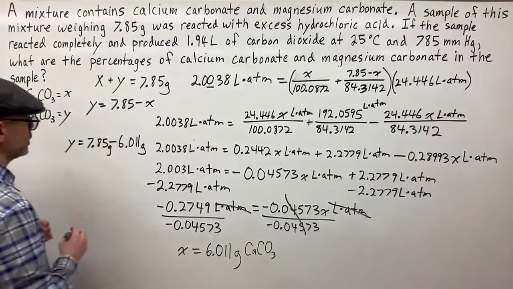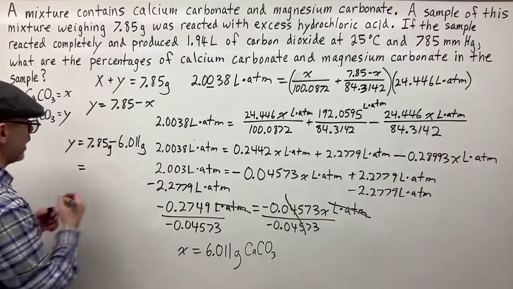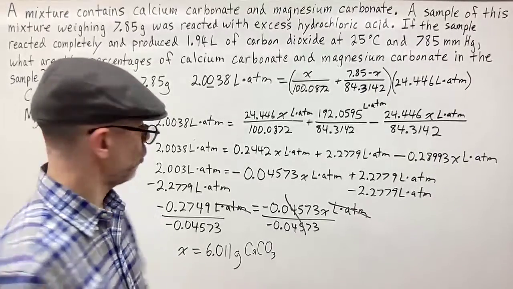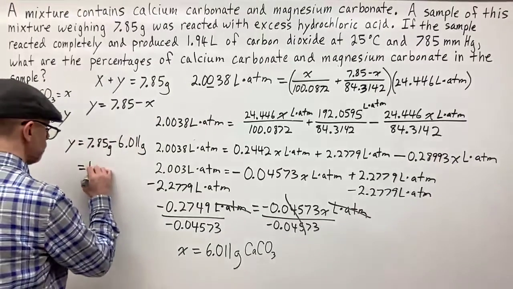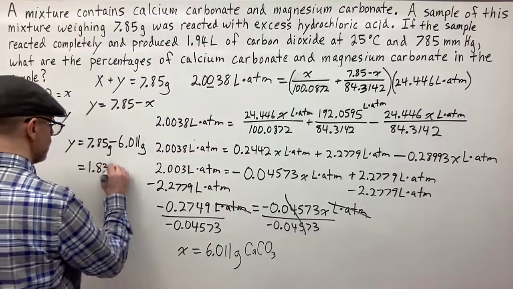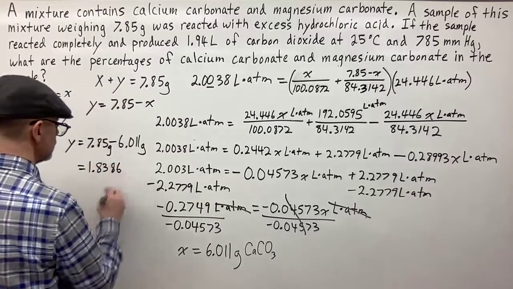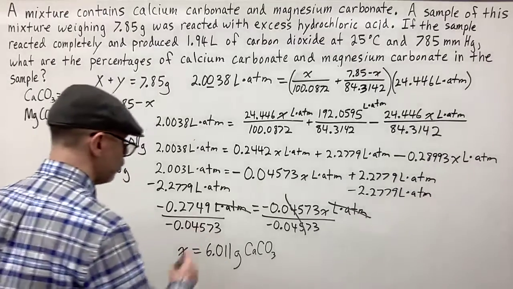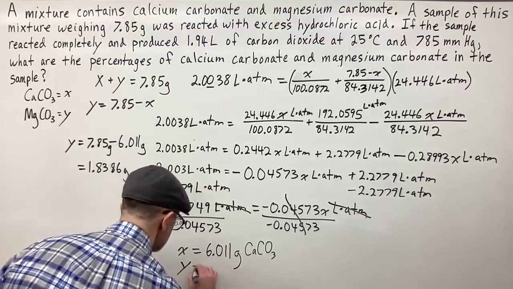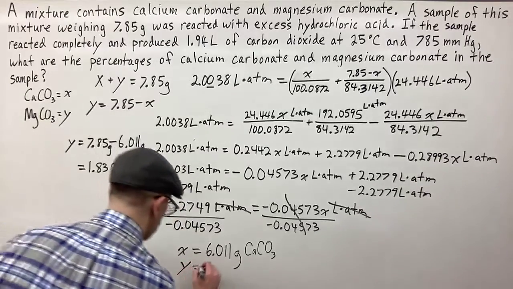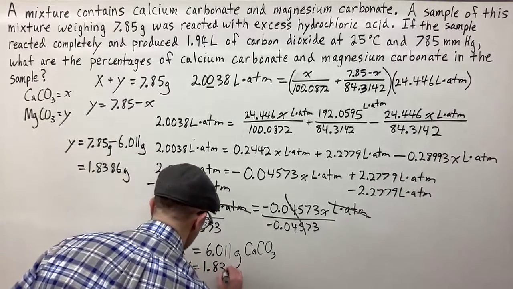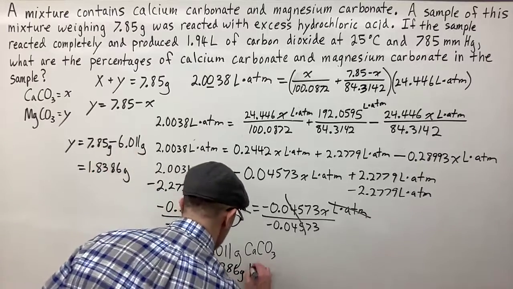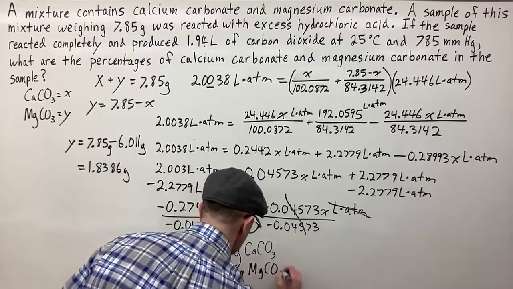This is the total grams. And so when we subtract that, we get 1.8386 grams. And again, that's y. So then y becomes 1.8386 grams of the magnesium carbonate.